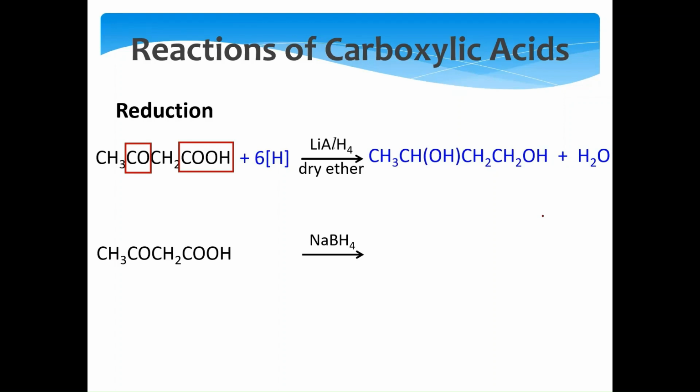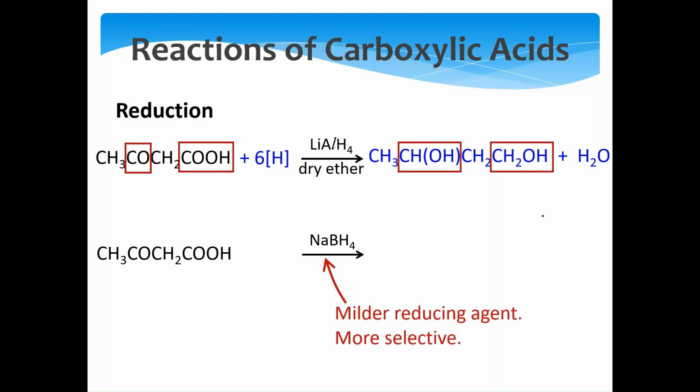Now, let's take a look at what if we have used another reducing agent, NaBH4. It's the same compound as the first equation. Take note that because NaBH4 is a milder reducing agent as compared to LiAlH4, it will be more selective, and only the carbonyl group, the ketone here, will undergo reduction with NaBH4.